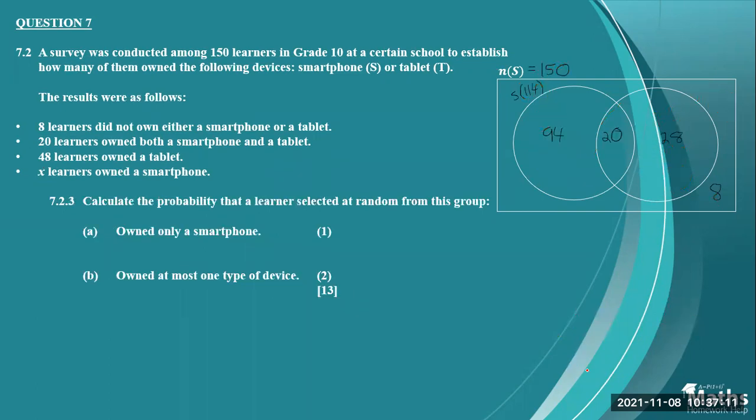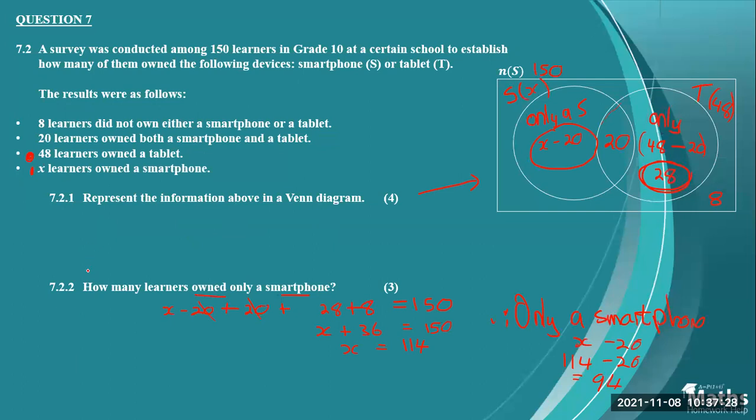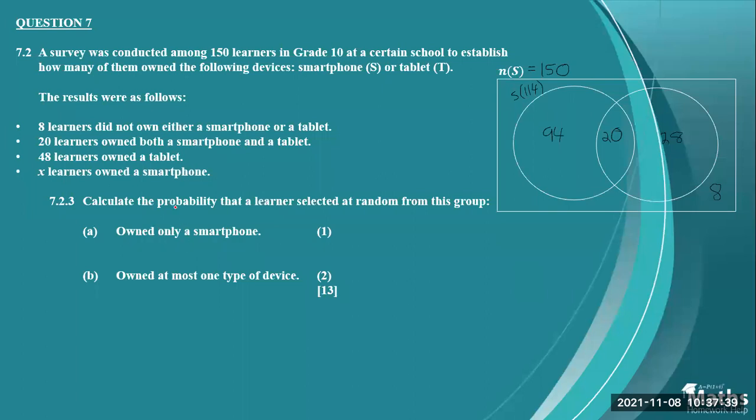Right, so let's look at the last two questions here. Calculate the probability. Now it must be the amount divided by the total. I just want to show you that with the previous one, they said how many learners. That's why I only wrote 94 and I didn't write 94 divided by 150. But now they say probability, so we must work with the total.